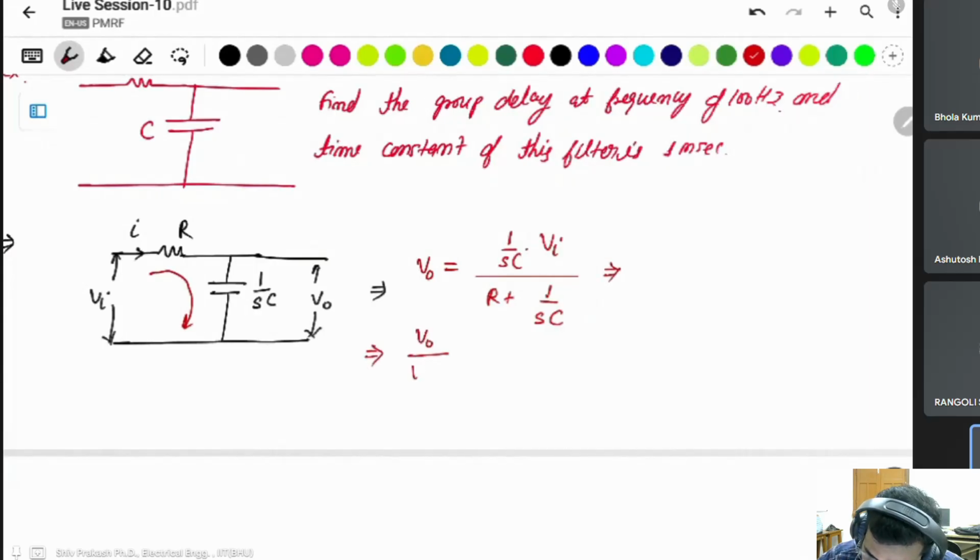V output by V input is the transfer function of that circuit, H(S) in the Laplace domain.